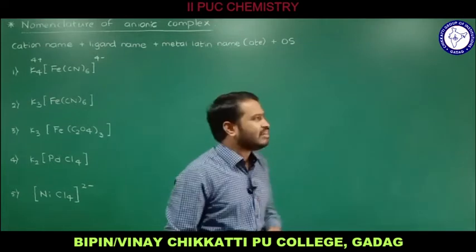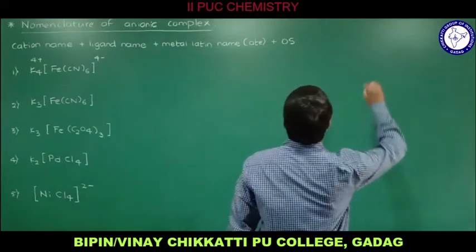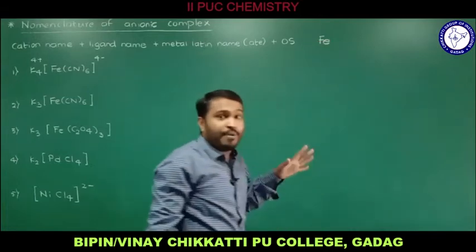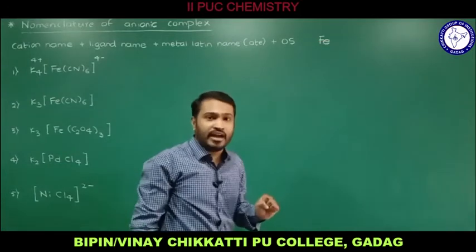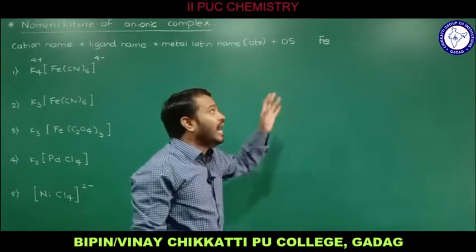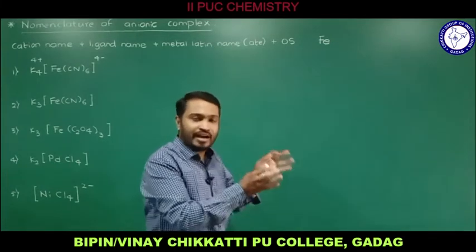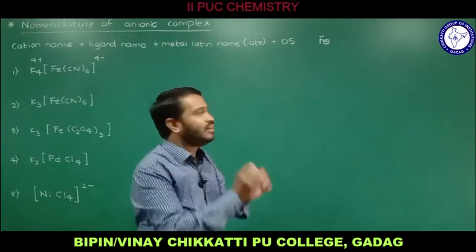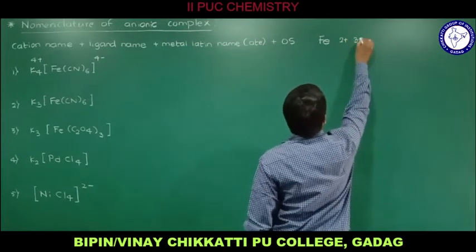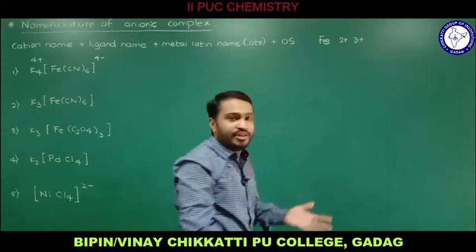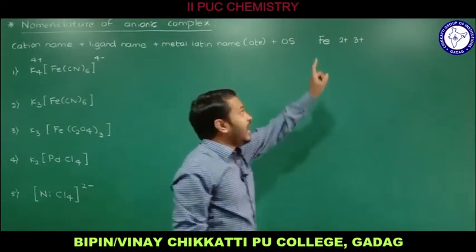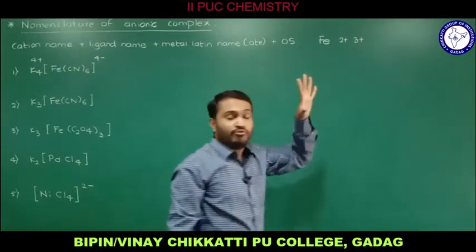One example I am going to consider here is iron. So Fe, iron. But while writing the name of that, we use terms like ferrous and ferric. Iron is the English word, and ferrous and ferric are Latin words. So if iron is 2 plus, ferrous; if iron is 3 plus, ferric. As we know, iron has two valencies.